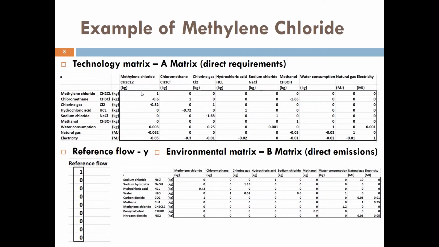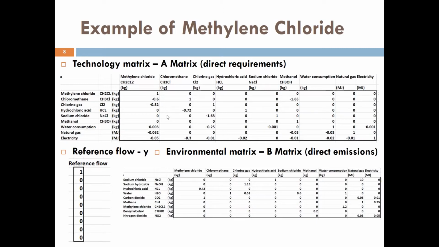In any case, if we do that, you can imagine the diagonal should be all 1, right? Because we want to produce each of those. And as you can notice here, consumption uses negative values, while production uses positive values. Why is this useful?